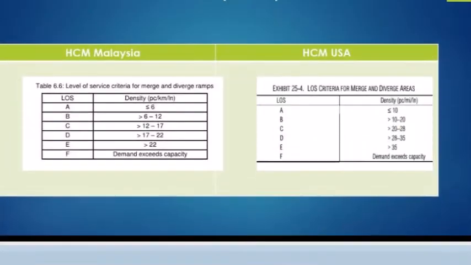For HCM USA, it is more than 35 PC per mile per lane. For LOS F, for HCM Malaysia, demand exceeds the capacity of upstream and downstream traffic. For HCM USA, demand exceeds capacity. Thank you.